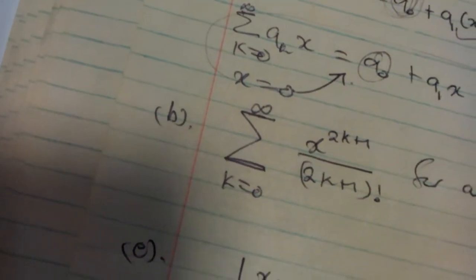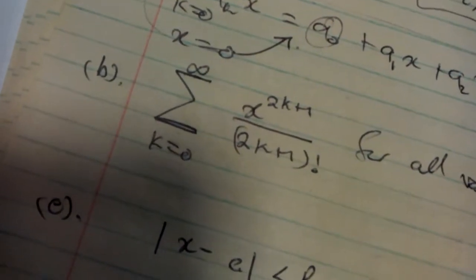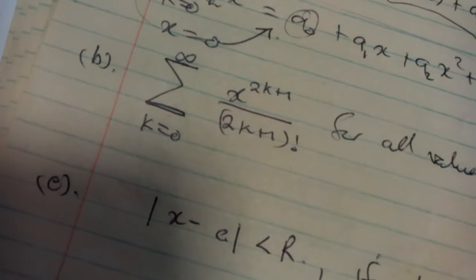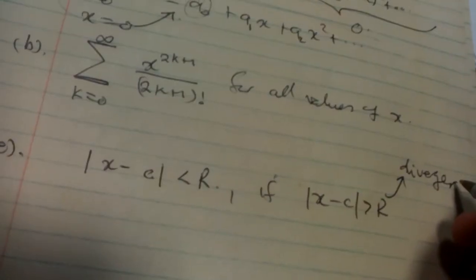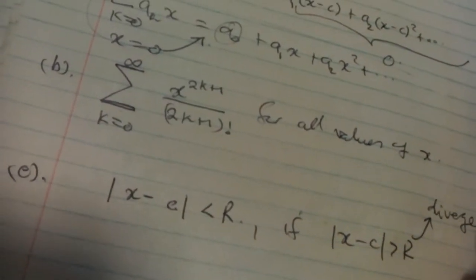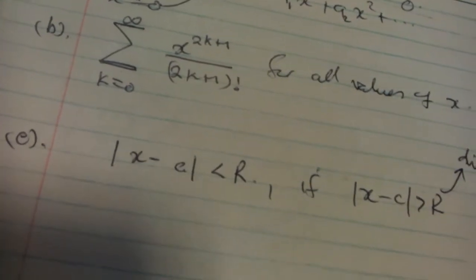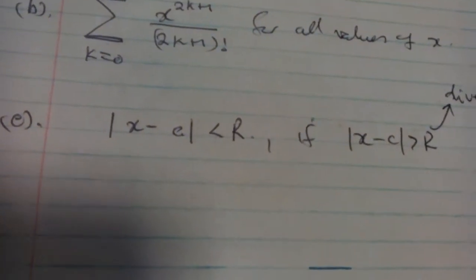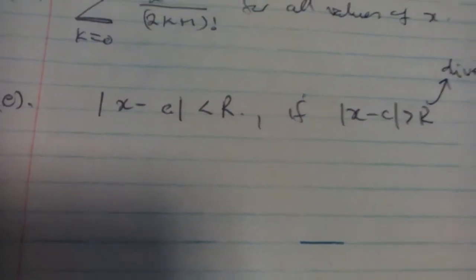That is, if the absolute value of x minus c is greater than r, then this will diverge. So the number r there is called the radius of convergence.